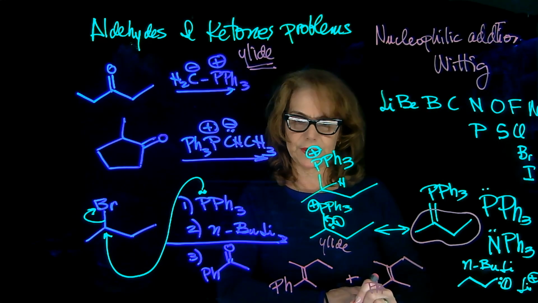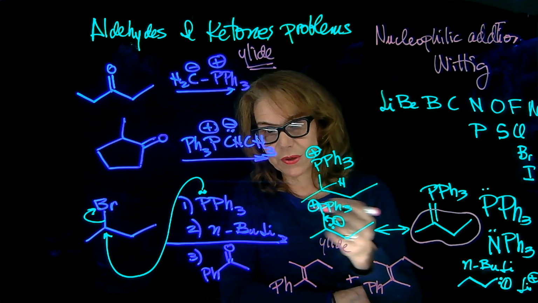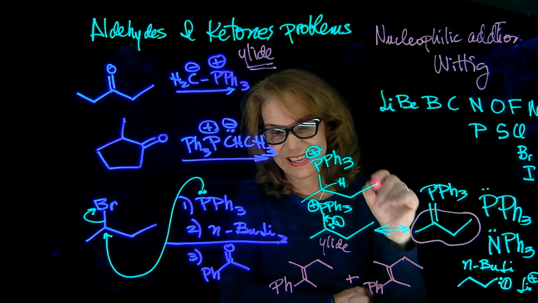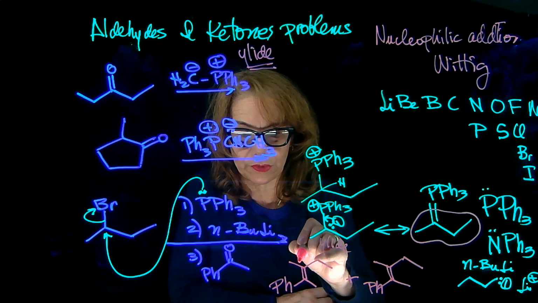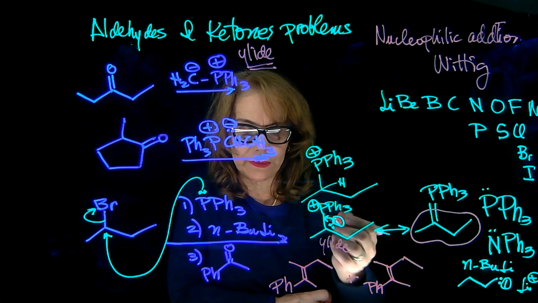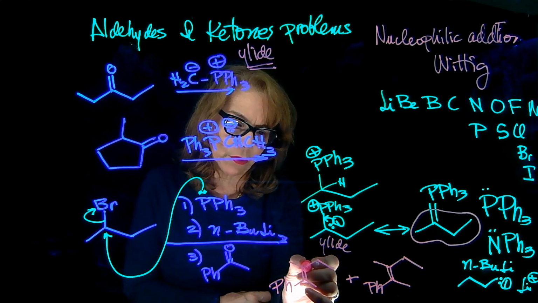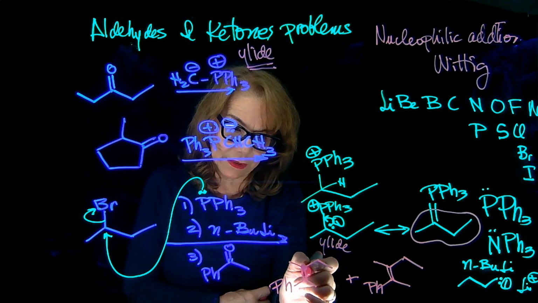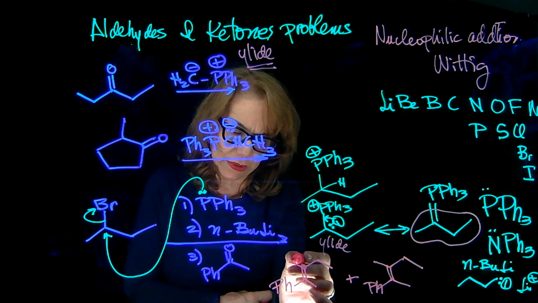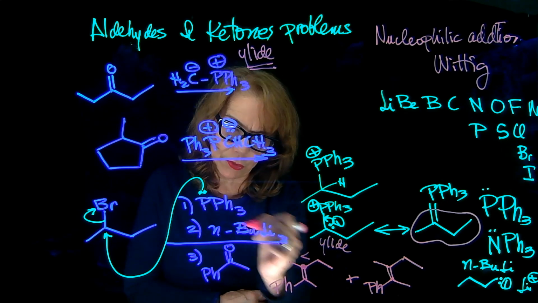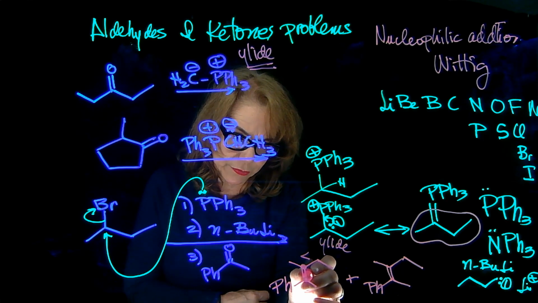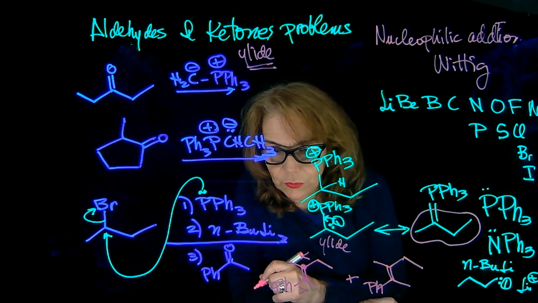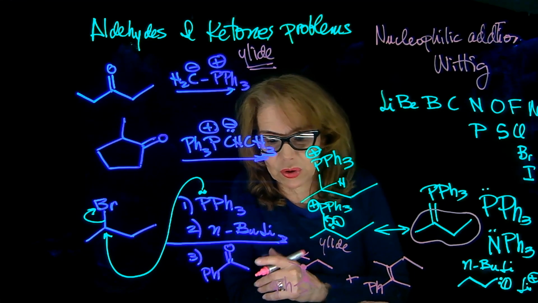Remember that you need to use the nomenclature E and Z to assign the configuration of the alkene. When assigning that, you look at the priorities of the groups attached to the vinylic carbon. Here you have an ethyl and a methyl, so the ethyl has higher priority over the methyl. And at the other carbon, you have a phenyl and a methyl; phenyl is higher priority. So the two highest priority groups are on opposite sides of the double bond.